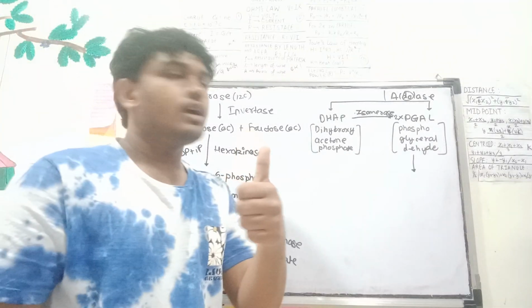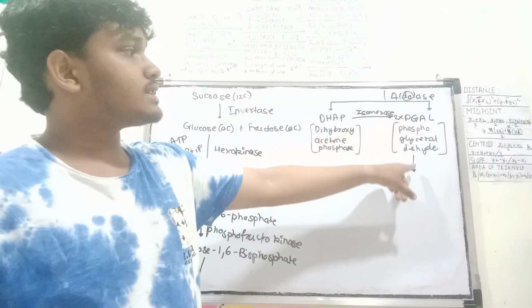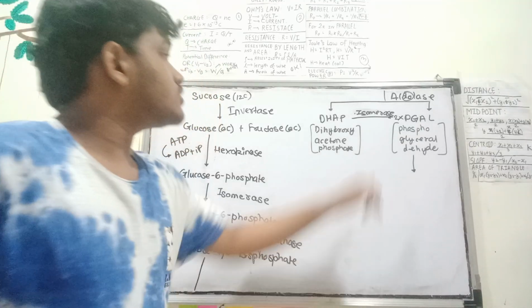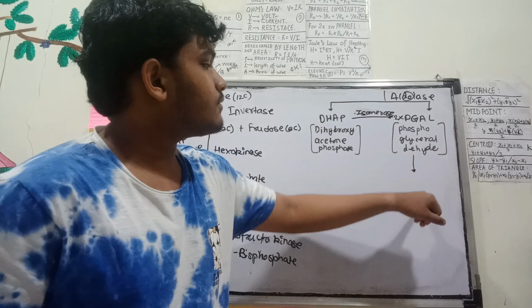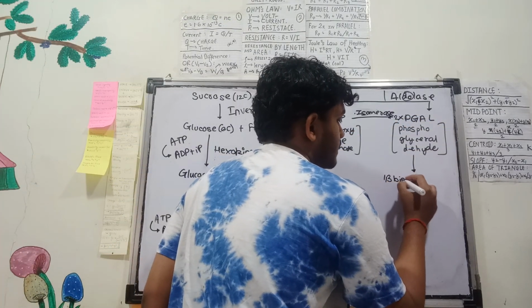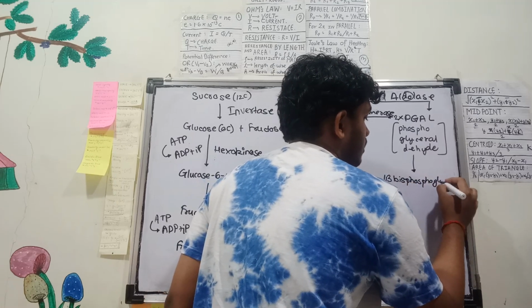Now PGAL, phosphoglyceraldehyde, is converted into 1,3 bisphosphoglycerate.